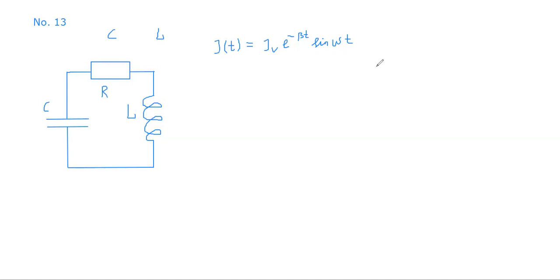Okay, do you have any ideas how to do this? Okay, maybe let's build a differential equation.